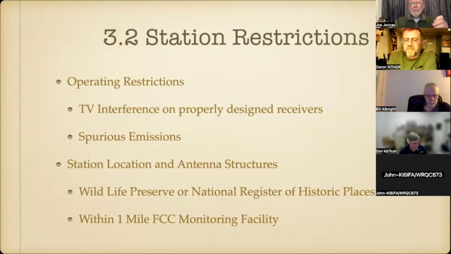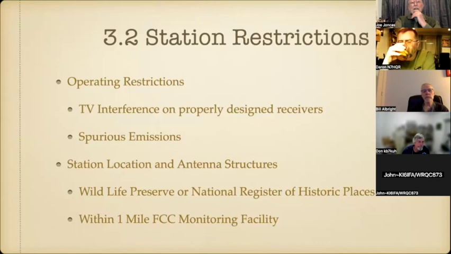But if they determine that the TV has been properly built with proper filters and can eliminate strong nearby signals, and you're interfering with them, the FCC can tell you to restrict your transmissions. In the book, it gives very specific details on that, but that's a very rare occurrence because most TVs do not have that kind of protection.